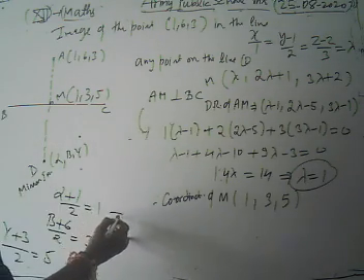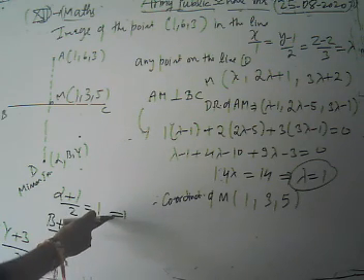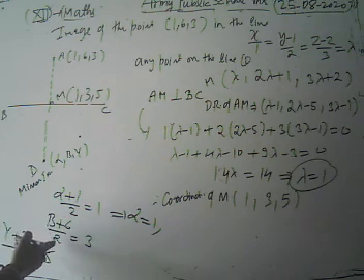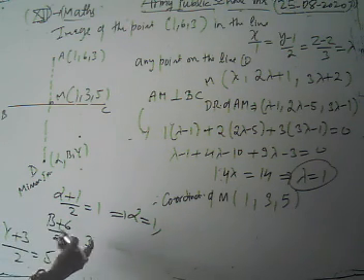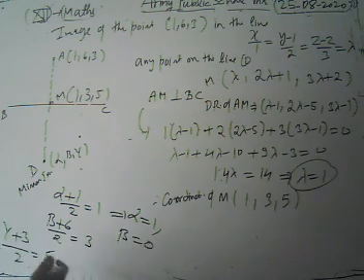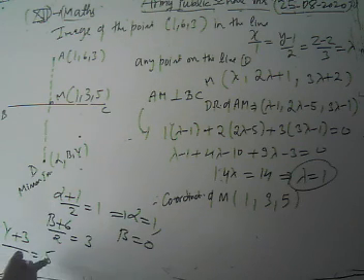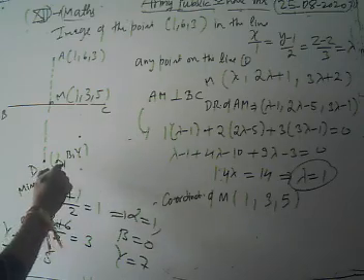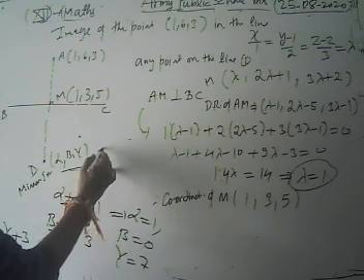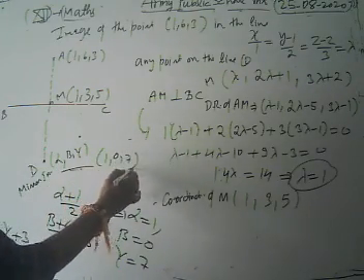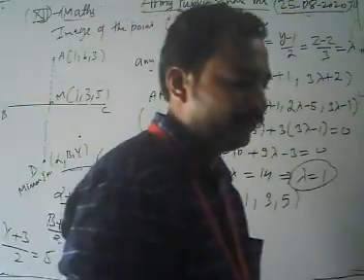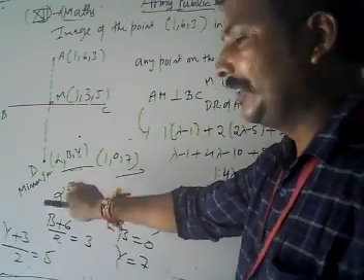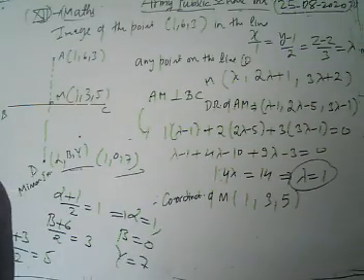From here alpha plus 1 equals 2, so alpha is 1. Beta plus 6 equals 6, so beta is 0. Gamma plus 3 equals 10, so gamma is 7. Then our image is 1, 0, 7, which is the coordinate of our D, because we had to find the mirror image.